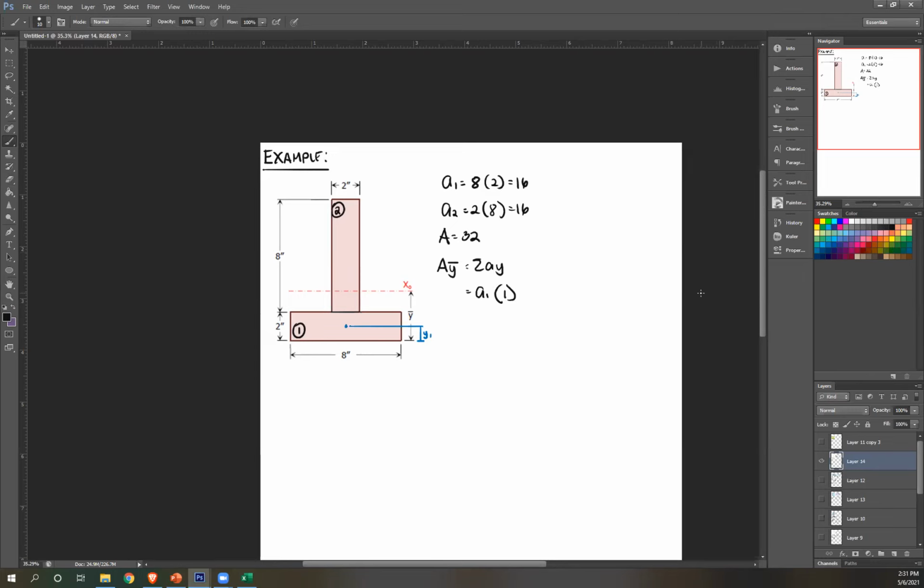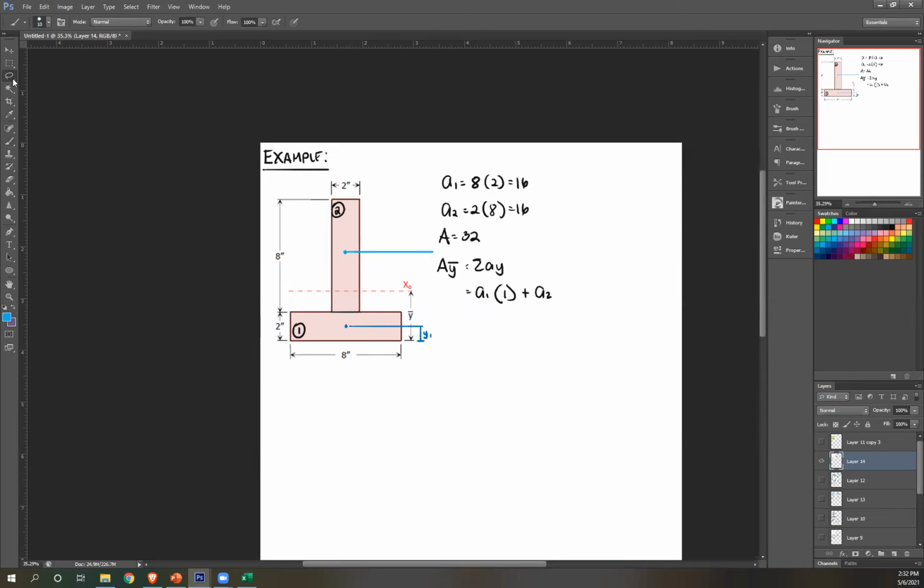Next, plus A2. Both of them are above the x-axis or reference x-axis, so they're both positive. A2 has this distance, so this is the centroid of A2.